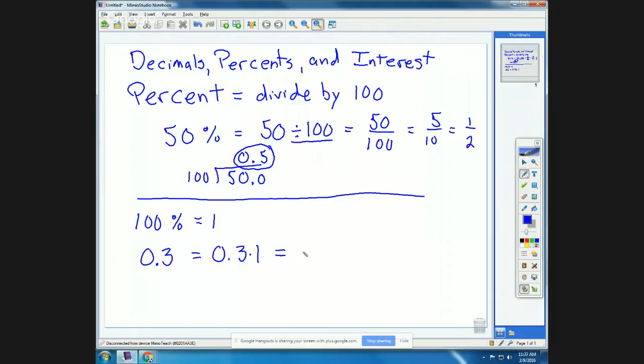And 1 is the same as 100%. And so then I just clean up the multiplication, leaving the percent symbol hanging out. So if I take 3/10 of 100, I get 30, the percent symbol hangs out. So it's pretty easy to convert a percent to a regular number or a regular number to a percent.